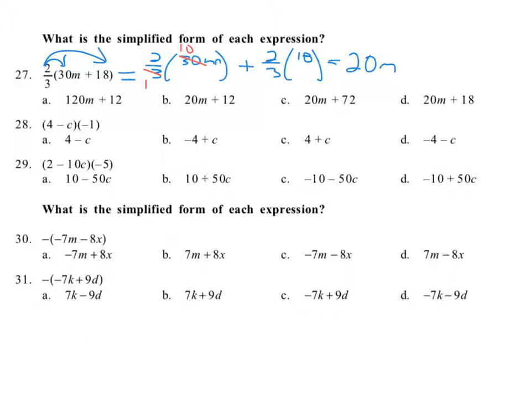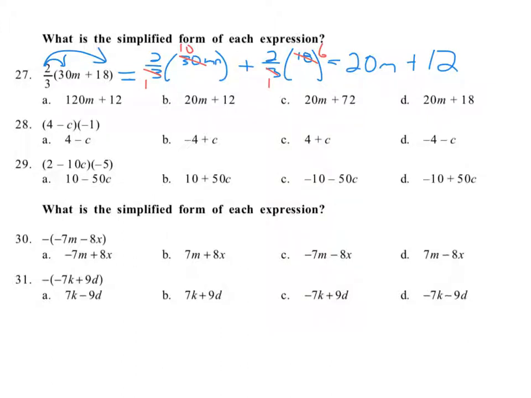And now we'll do this here. We could do 18 divided by 3, and we would get 6 there, and a 1, and then 2 times 6 is 12. So we would say plus 12.